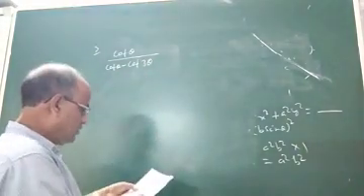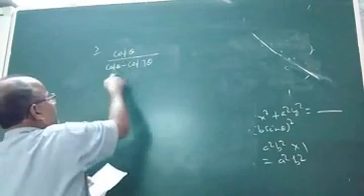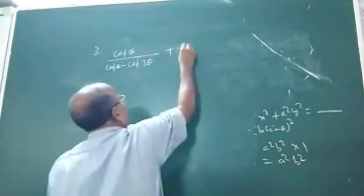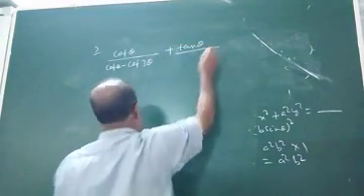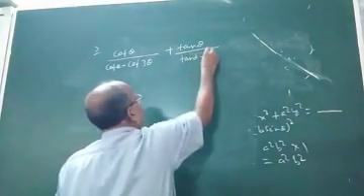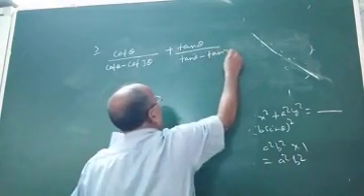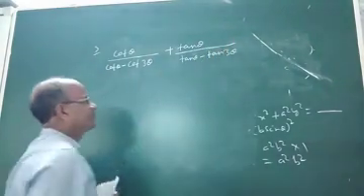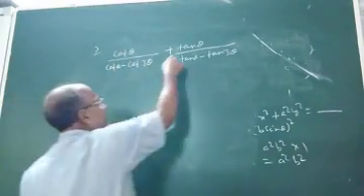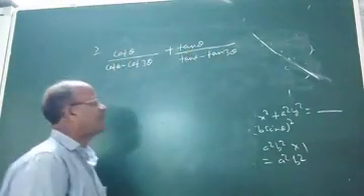So find the value of cot theta by cot theta minus cot 3 theta plus tan theta by tan theta minus tan 3 theta. How to find the value of this?